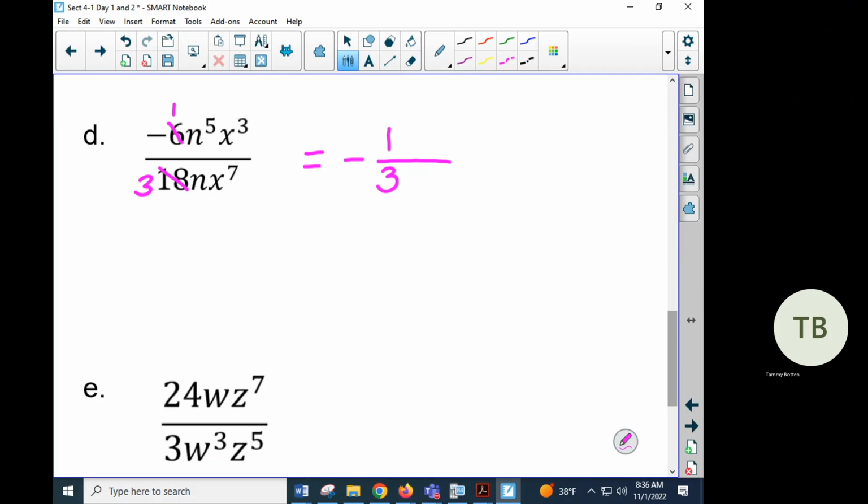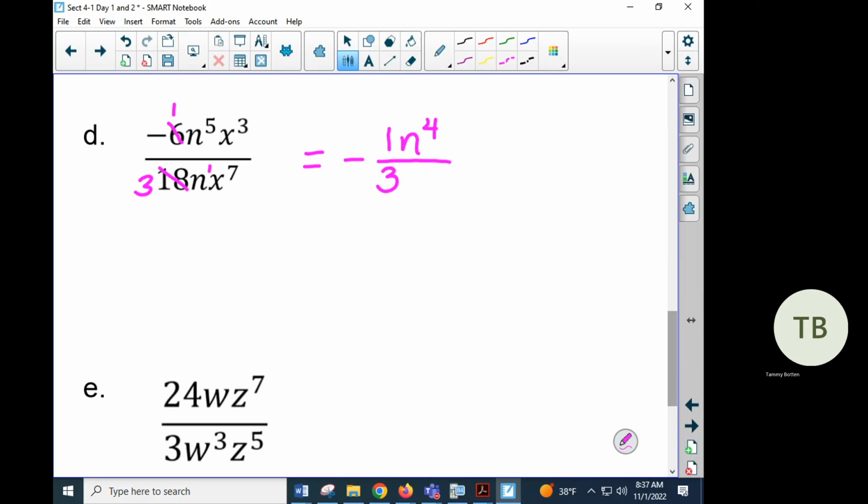Okay. Now, if I have 5 n's on top and 1 n on the bottom, what would I do with that? How many would I have left? 4, and where would I put them? Would I put n to the 4th on the top or bottom? On top. So you'd go 5 minus 1, which is 4. 5 is bigger than 1, so you have n to the 4th on top.